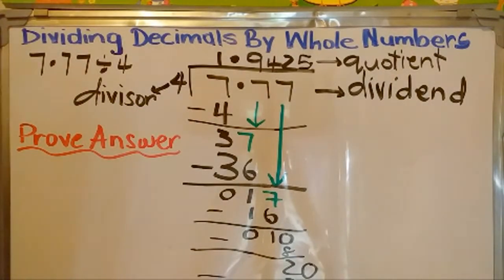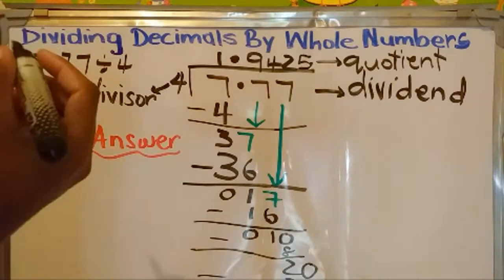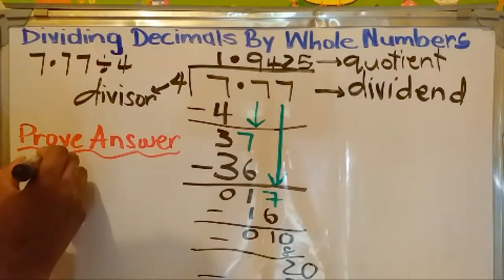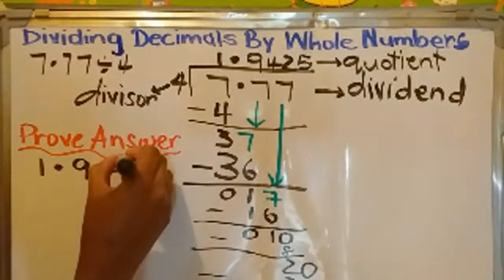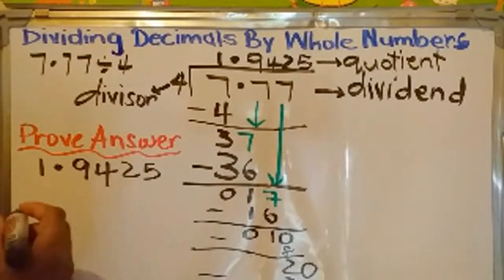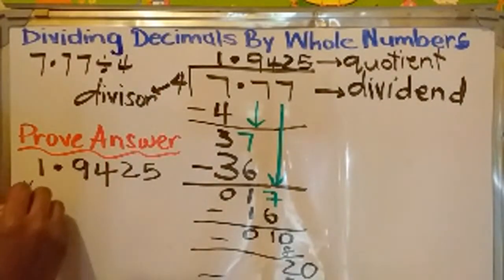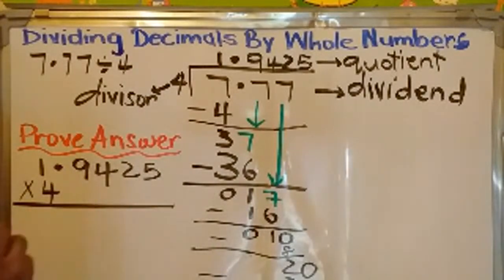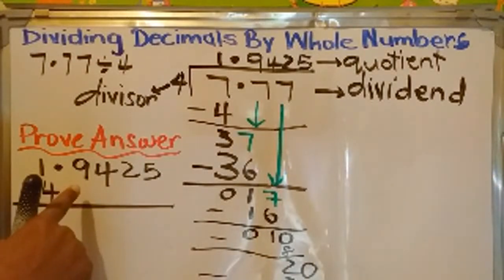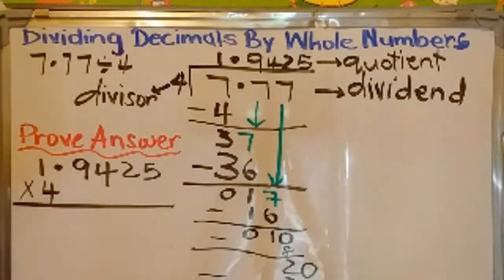All right? So how are we going to prove our answer? We are going to take our quotient, which is 1.425, and we're going to multiply it by 4. And that's what we're going to do to see if our answer is correct. All right, so remember we're doing multiplication, and of course we are multiplying by a decimal number right here.